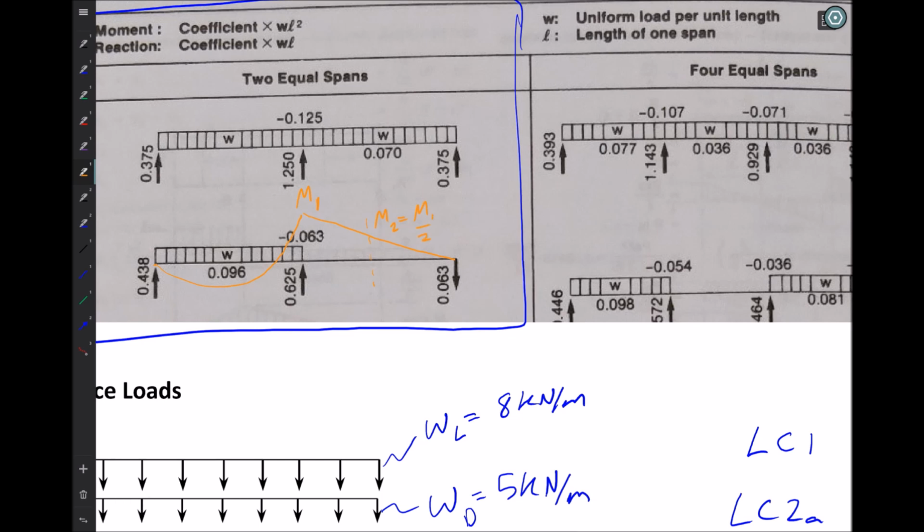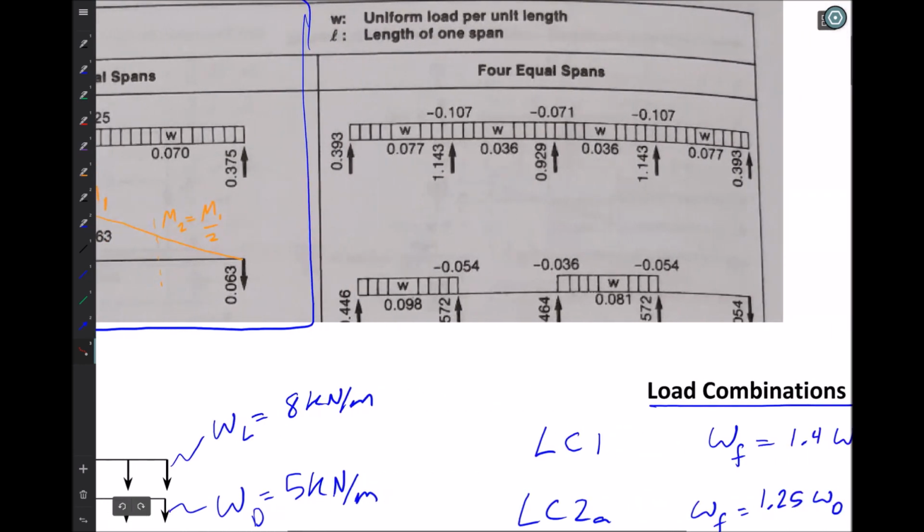So this table requires us to have a little bit of knowledge to be able to find interior moments in cases of unloaded spans. This isn't the problem we're doing, but here's another example for 4 equal spans. Here's an unloaded span where we'd have to find the values of moment at those locations.